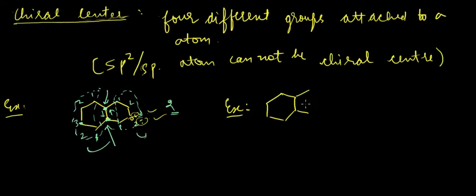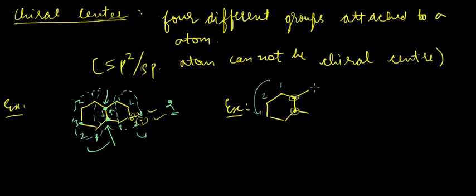So what would be the chiral center here? This and this. Okay, why? Because when you go anti-clockwise from this carbon, you find carbon at second position and a ring continuing.